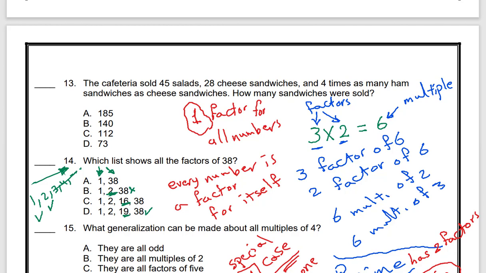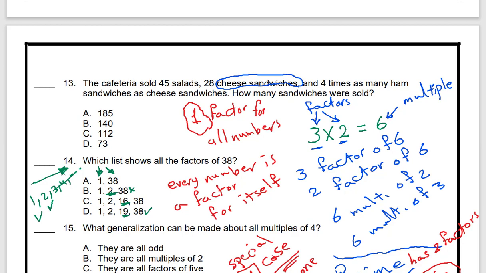So we need the 28 for the cheese, and I don't know the number of the ham sandwiches. Okay. So do not add the salad because the salad is not a sandwich.